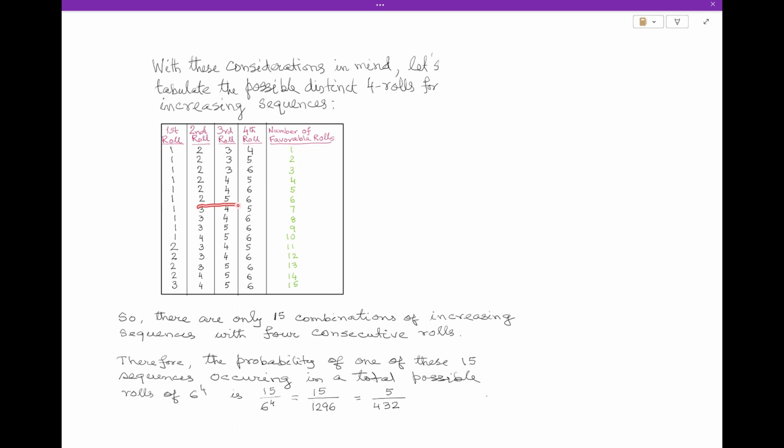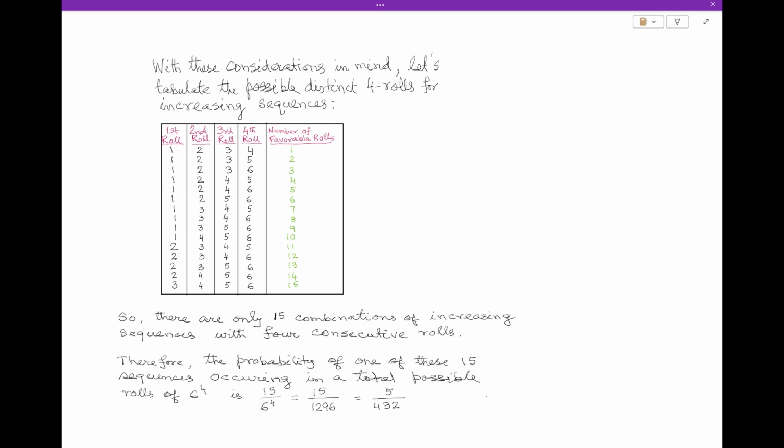These will be the different sequences with first roll as 1 and second roll as 2. If the first roll is 1 and second roll is 3, then there are 3 possible combinations: 1, 3, 4, 5; 1, 3, 4, 6; and 1, 3, 5, 6. And with first roll as 1 and second roll as 4, there is only one combination, 1, 4, 5, 6.